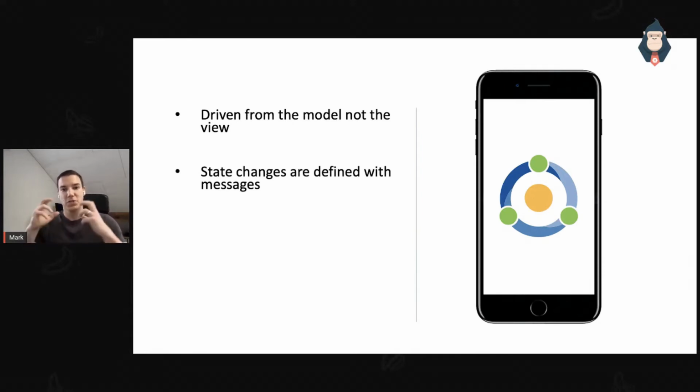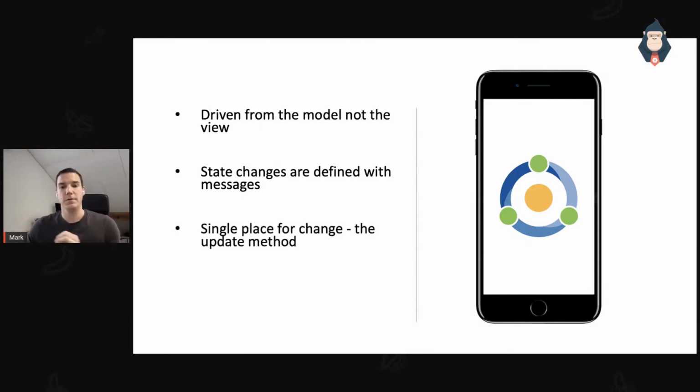So whenever we want to change that global state of the app, like increment something, decrement something, also navigating somewhere, we have to have a command or a defined message that tells the update method, hey, I now want to navigate onto my about page, for example. And we only have a single place of change for updates. In MVVM, an update will just update a property somewhere. Here, we always have a nice, defined way how this can be done.